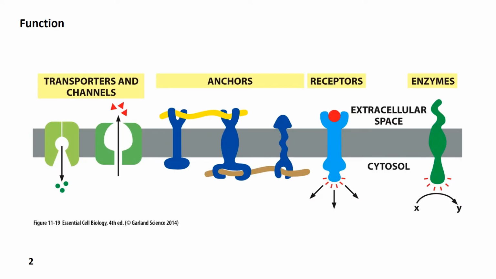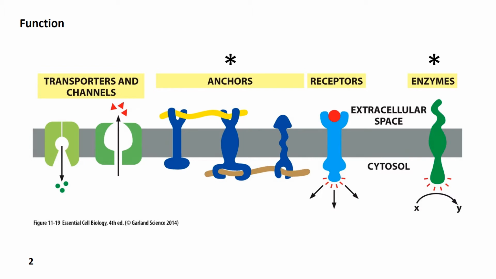Specific to the membrane protein function, the previous video highlighted that membrane proteins can serve as transporters or channels, as well as receptors in cell membranes. However, there are a couple of additional functions of membrane proteins that occur quite frequently.